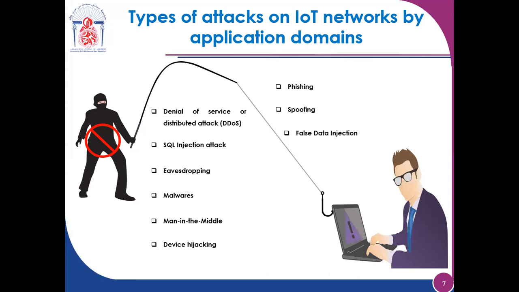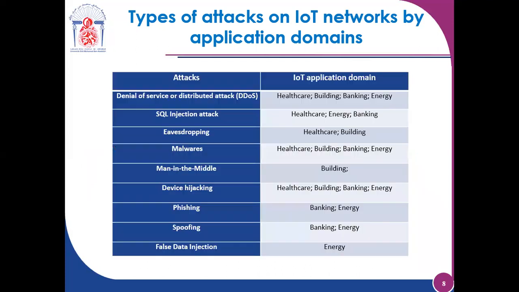And spoofing attack includes all types of cyber attacks consisting of stealing digital identities like email addresses, domain names, and IP addresses. And for false data injection, this attack refers to the situation in which an attacker compromises sensor records.